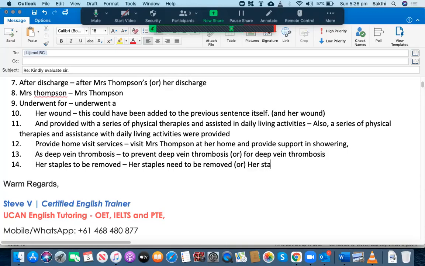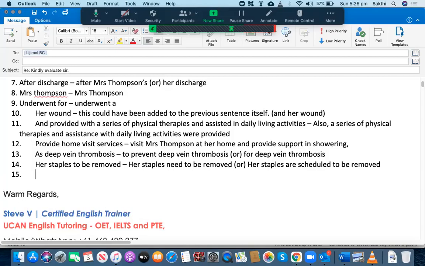And then you can use "in 10 days" or whatever. It's not "10 days of surgery," but "10 days after surgery." In 10 days after surgery. Okay.